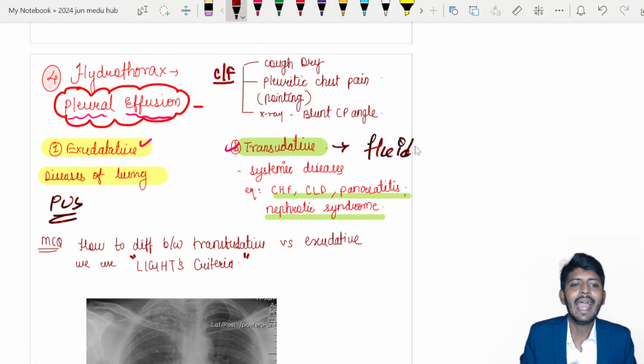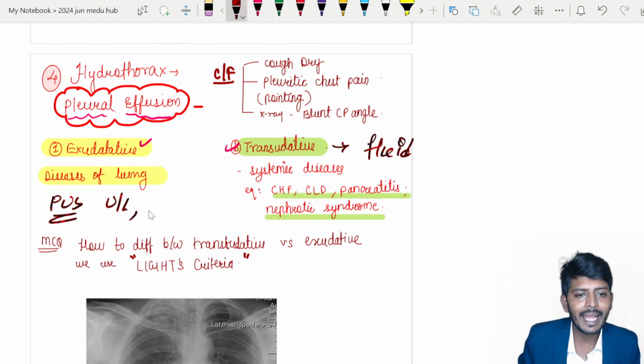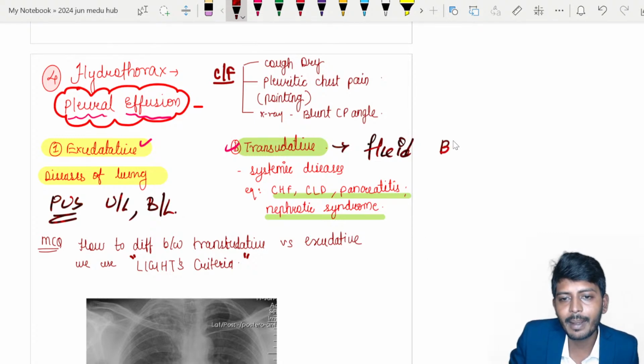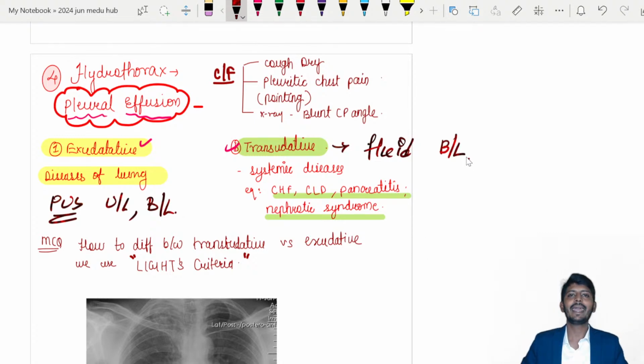Exudative pleural effusion can be unilateral, meaning one lung is affected, or it can be bilateral. But transudative pleural effusion, my dear students, remember, is always bilateral, meaning both sides of the lung will be affected.